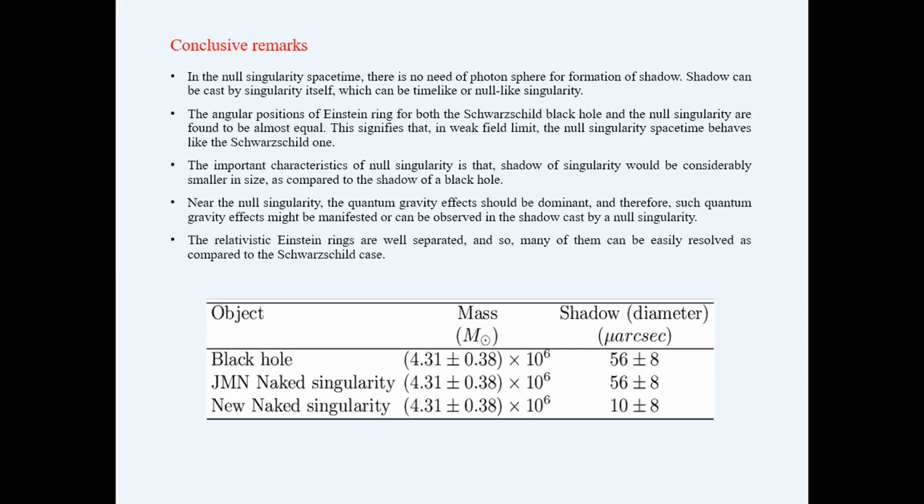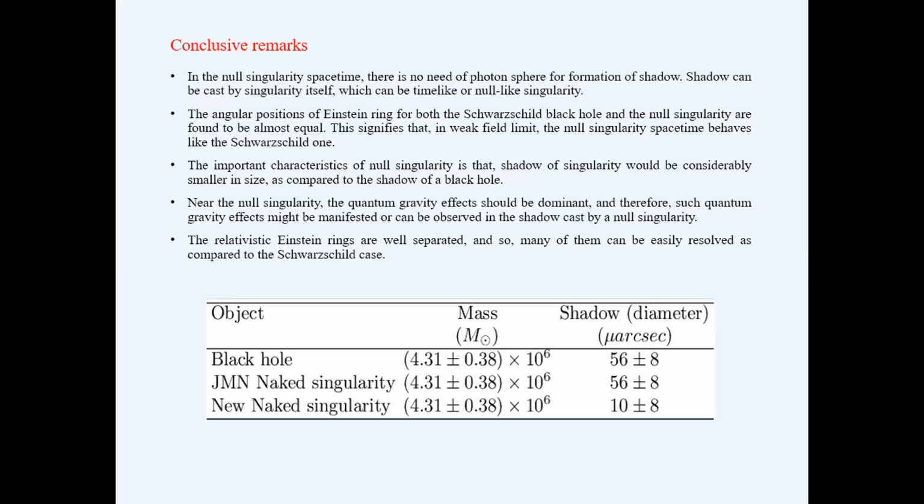This signifies that in the weak field limit, the null singularity spacetime behaves like the Schwarzschild one. The important characteristic of the null singularity is that the shadow of the singularity would be considerably smaller in size as compared to the shadow of a black hole.